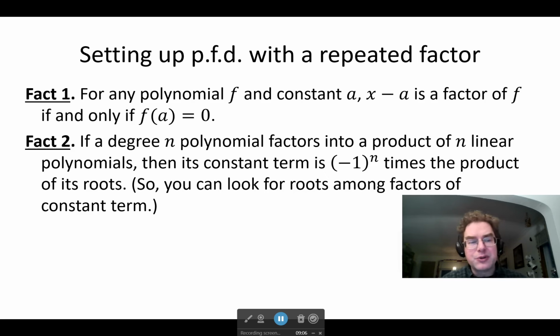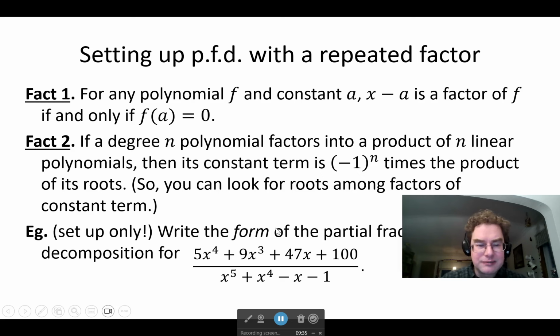So if you're looking for roots, let's say you want to apply fact 1, you can look at that constant term and say, well, I hope that my roots are going to be factors of this constant term, optimistically hoping that your roots are going to be integers, which, in nicely packaged textbook problems, tends to be the case.